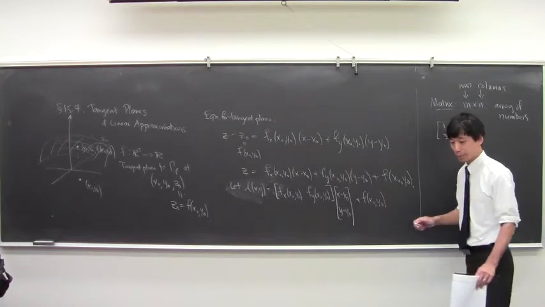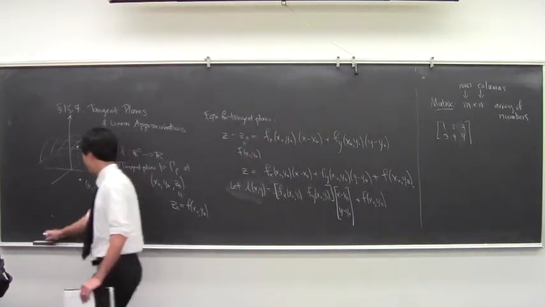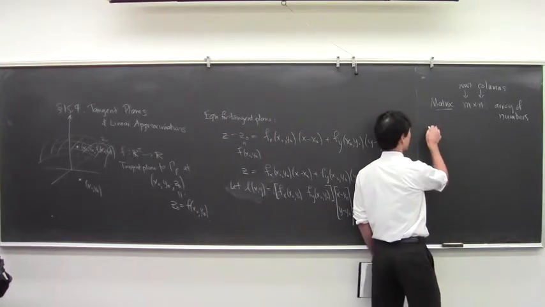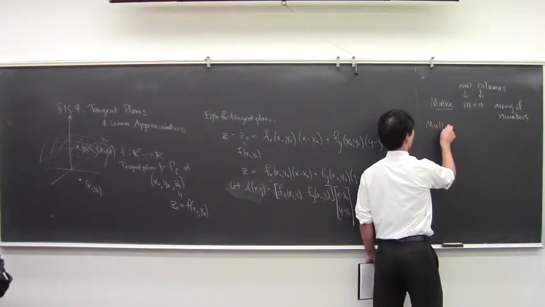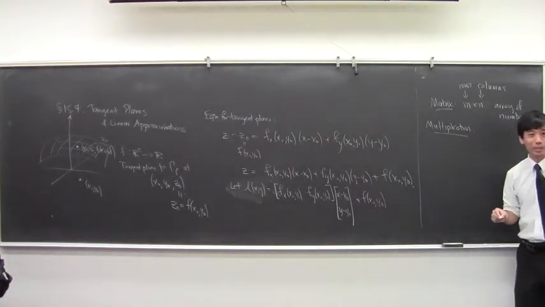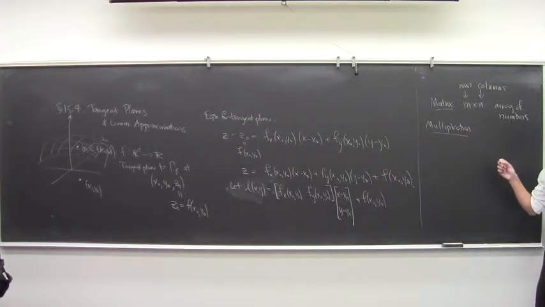Now there's something called matrix multiplication. Maybe I should tell you what addition is before I tell you what multiplication is, but in some sense you guys don't need it. Just as an aside, if you have two matrices of the same size and you want to add them together, that's done component-wise.